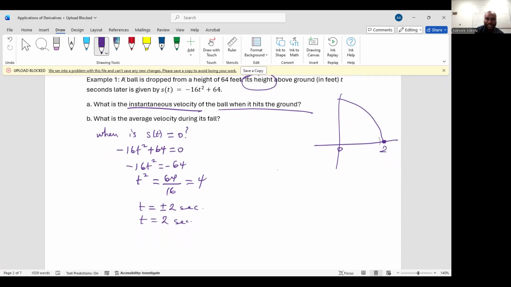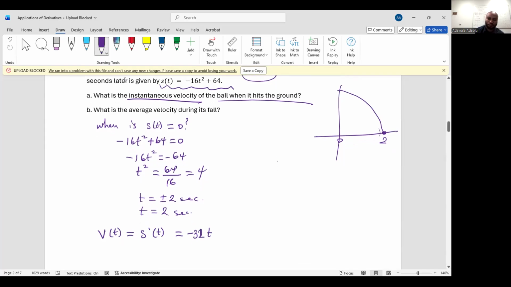Okay, now let us find our instantaneous velocity. Remember, to find instantaneous velocity, it is the same thing as taking the derivative of s. So negative 16 times 2 is 32t. Differentiating this, we get negative 32t.